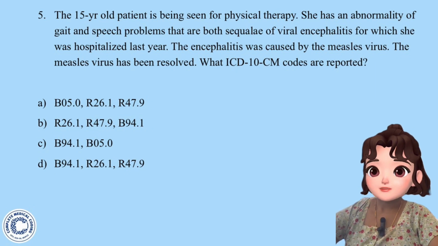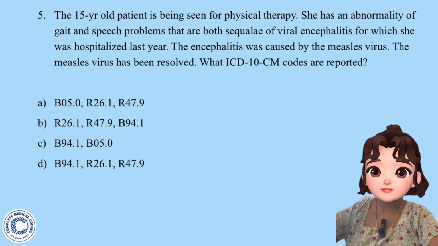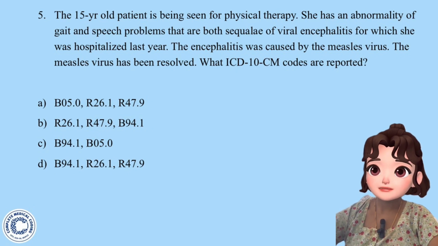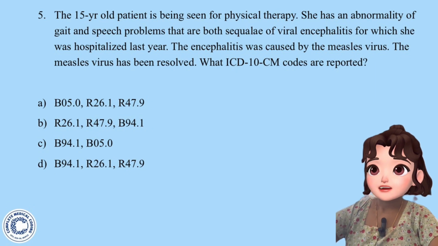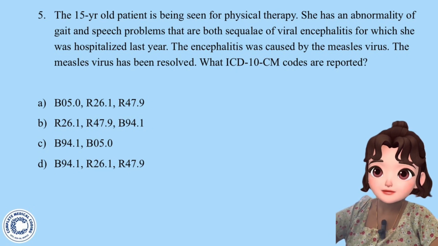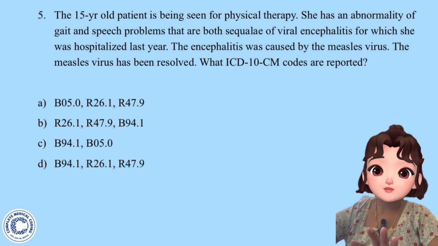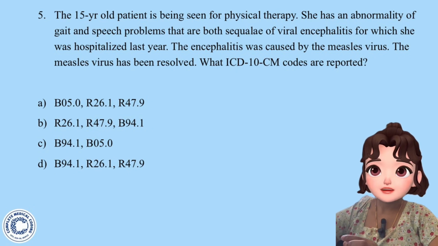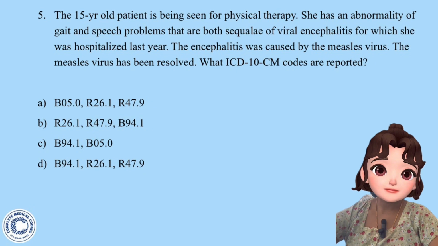Now what is B94.1? B94.1 represents sequelae of viral encephalitis. Yes, that is also mentioned, right? She has an abnormality of gait and speech problems that are both sequelae of viral encephalitis, for which she was hospitalized last year. So these gait and speech problems were caused because of the sequelae of viral encephalitis. So you need to code for sequelae of viral encephalitis, because of that the patient got these two complaints.